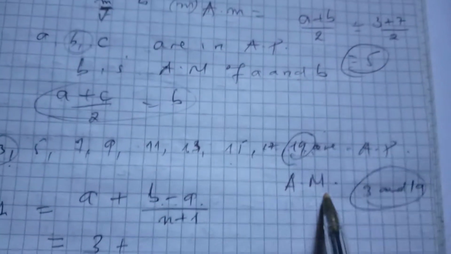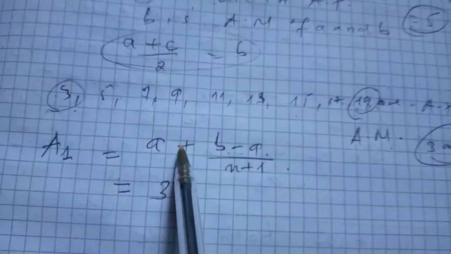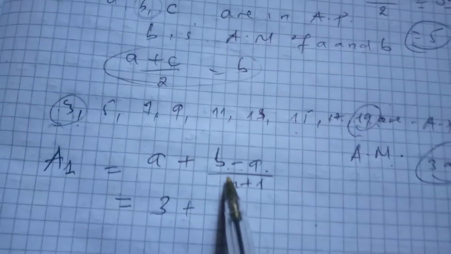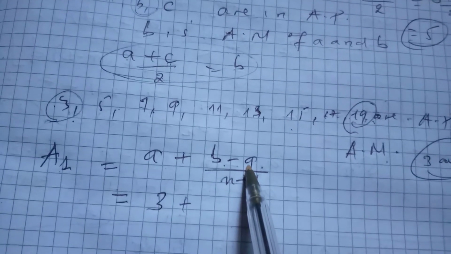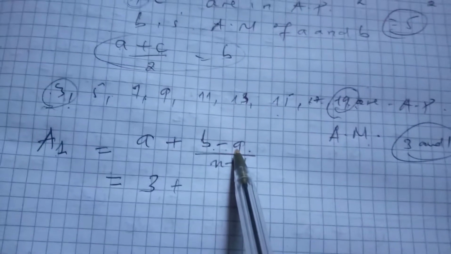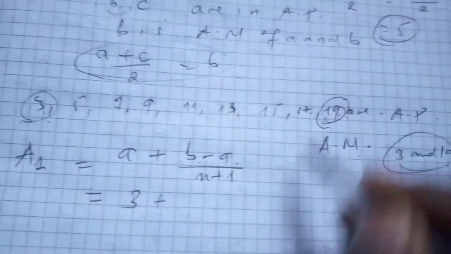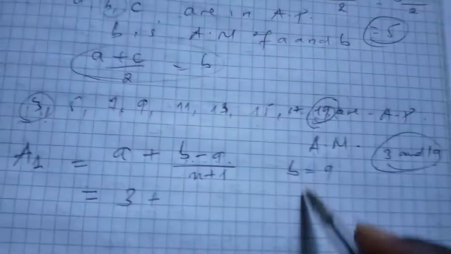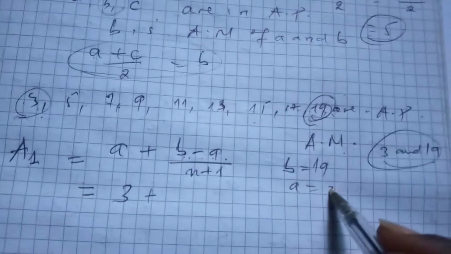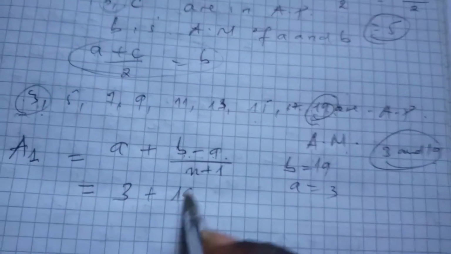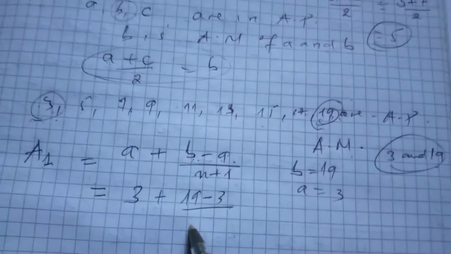Here the first term is 3 and the last term is 19. So B is 19 and A is 3. Then it will be 19 minus 3, over N.